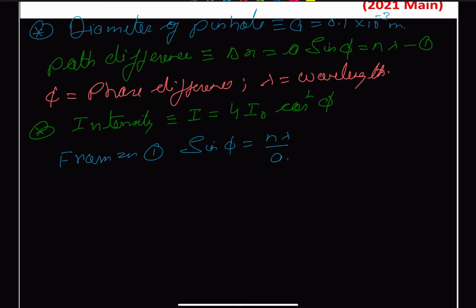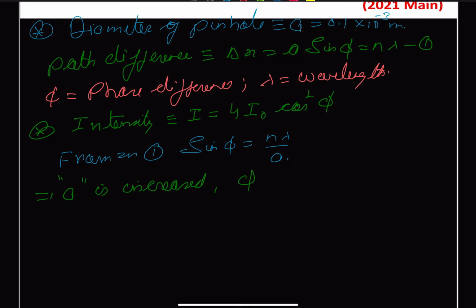So it means if our diameter A is increased, this will result in a decrease in our phi.